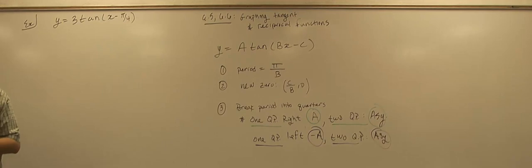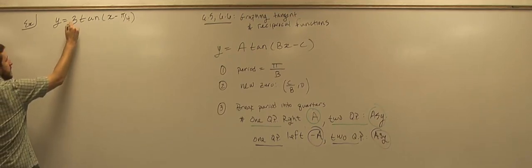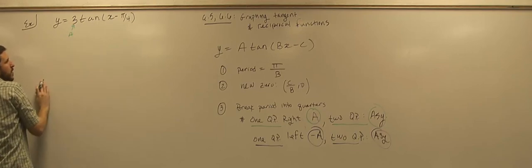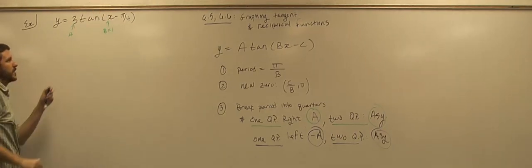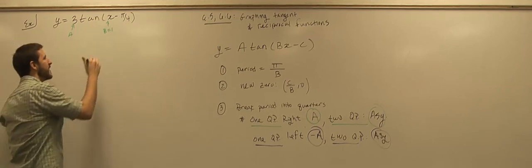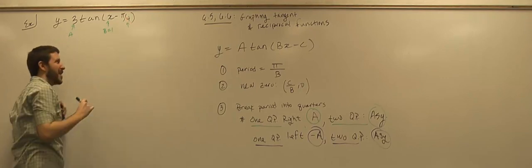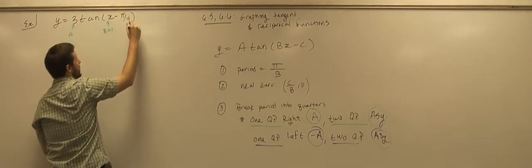So I'm going to start just like before, labeling my ABCs. A is 3. What about B in this case? 1, because if there's nothing in front of the x, you pretend there's a 1 multiplying. And then C, positive pi over 4 or negative pi over 4? Yeah, C is always the opposite sign of what you see.